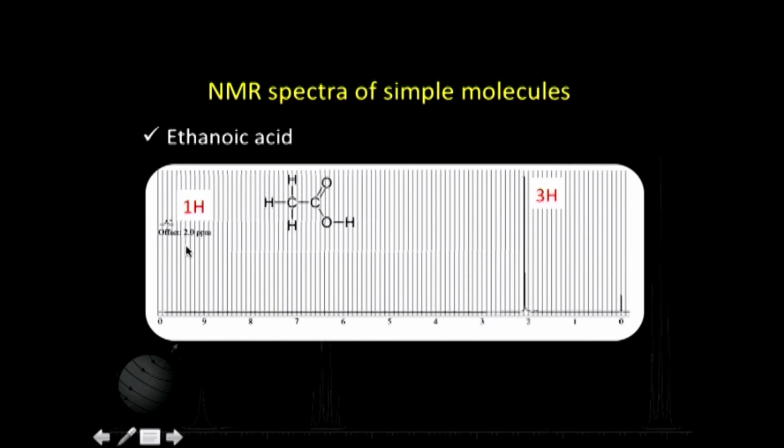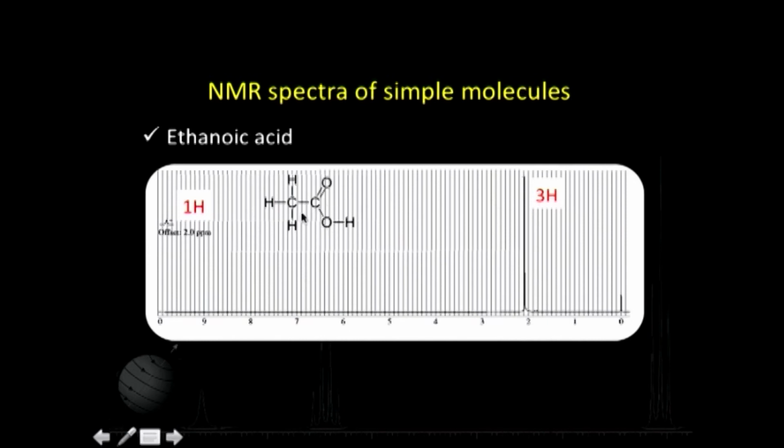If you look at a spectrum and there is an offset, whatever number is given over here is added to the position of the signal. In this case the signal is at 9.8, the offset is 2.4, so 9.8 plus 2.4 makes it 12.2. So this signal is coming at 12.2 ppm, and that is typical of acidic protons.